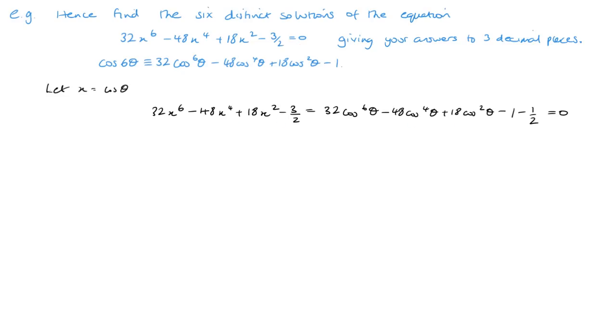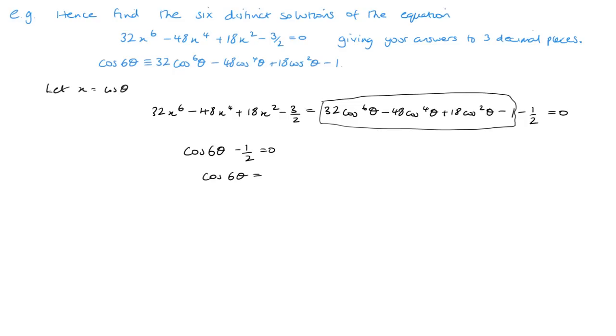Now this is cos 6 theta, isn't it? Minus a half equals 0, or cos 6 theta equals a half.